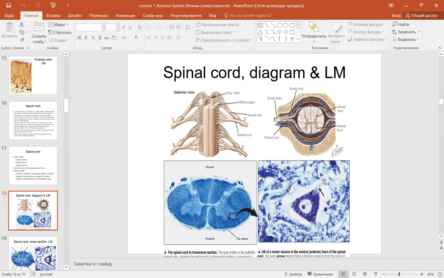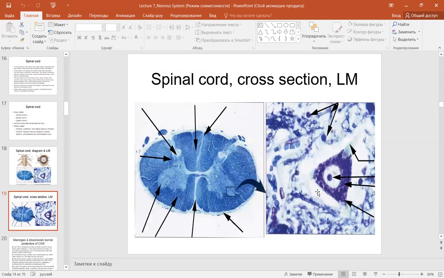The axon terminal is leaving the cell body through the axon hillock of the motor neuron. Here are the same structures on the increased magnification, which you have possibility to make designations by your own.